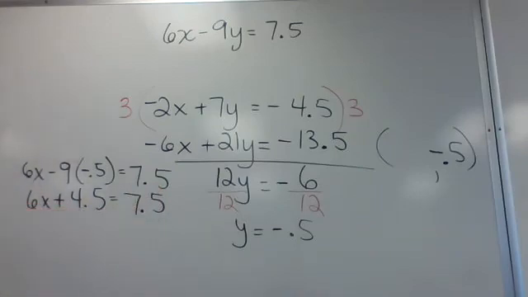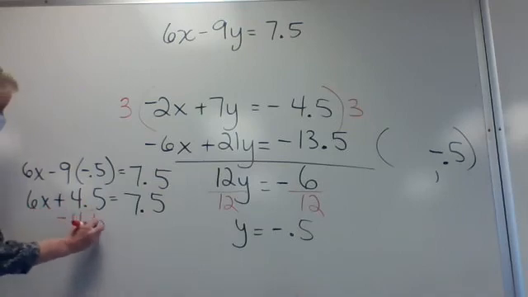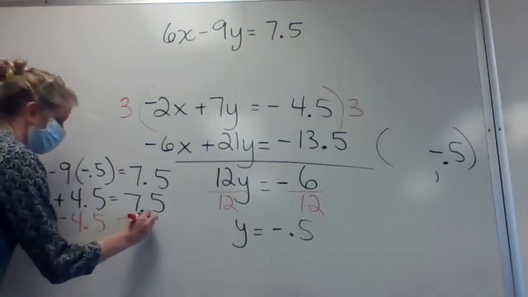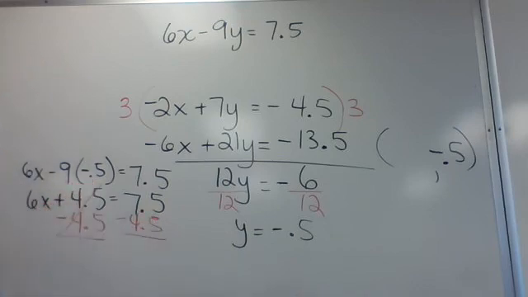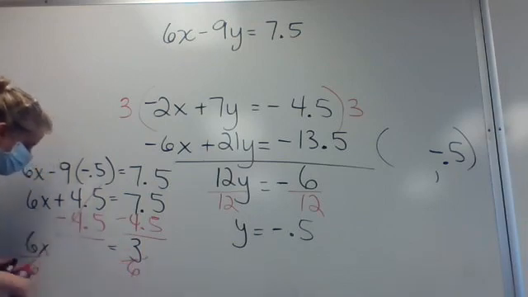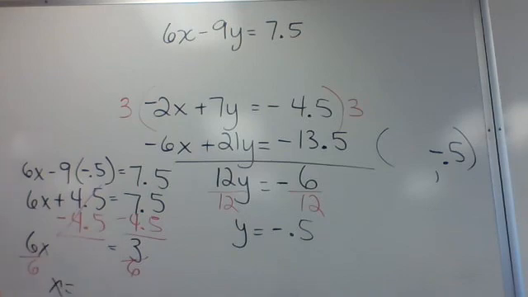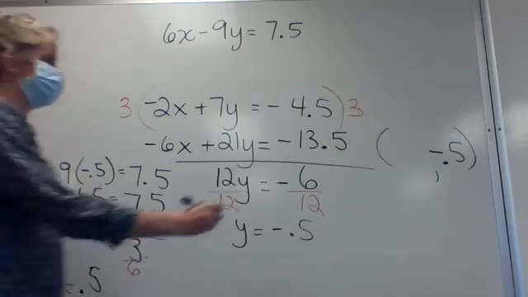I'm getting x by itself, so get rid of plus 4.5 with minus 4.5. Now I have 6x equals 7.5 minus 4.5, which is 3. And divide by 6. So x equals 3 divided by 6, which gives you positive 0.5, which is your x.